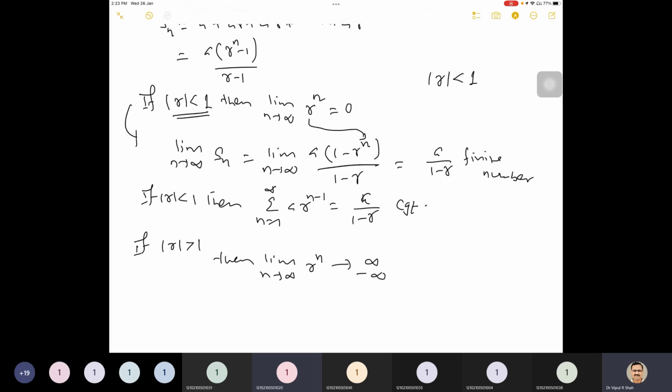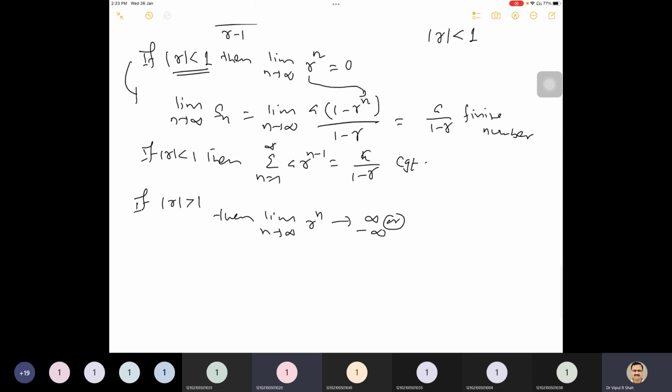Suppose r is 2 or 1.5, if you take its powers, it will go to infinity. It is either infinity or minus infinity, depending on r positive or negative. In this situation, limit n tends to infinity, Sn is either infinity or minus infinity. That means the limit does not exist.